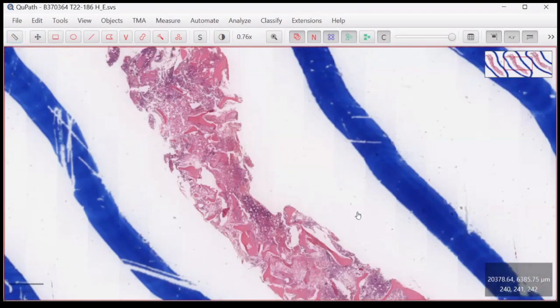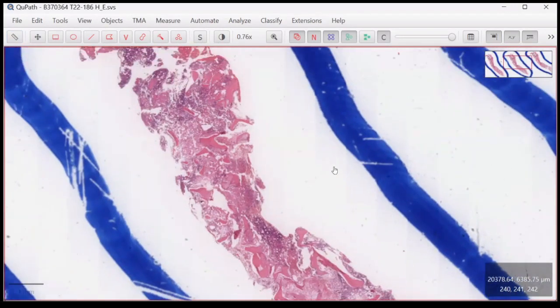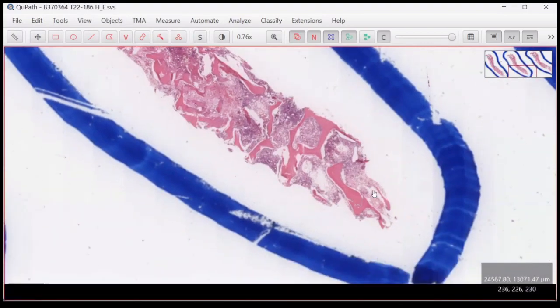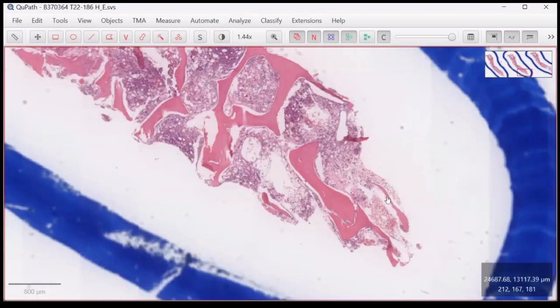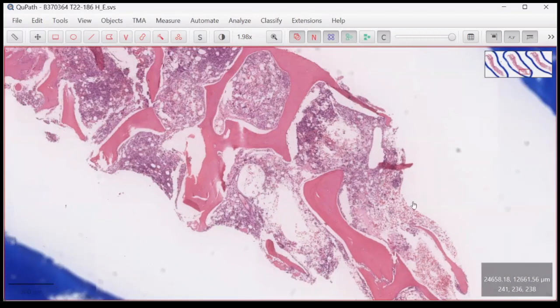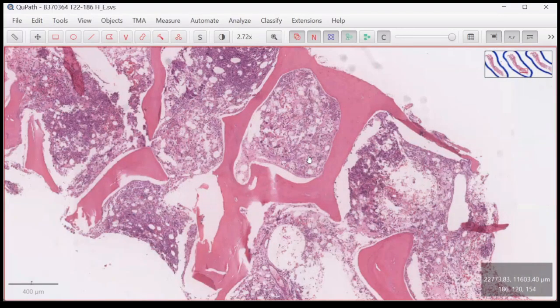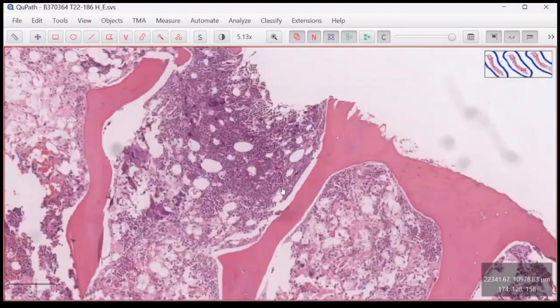Okay, post induction. It looks like the marrow remains hypercellular, with only slight reduction in cellularity. But overall every marrow species is still hypercellular. And see what are those cells.